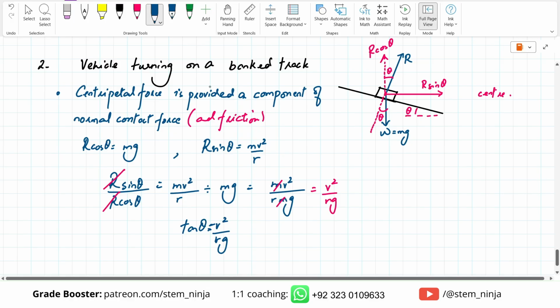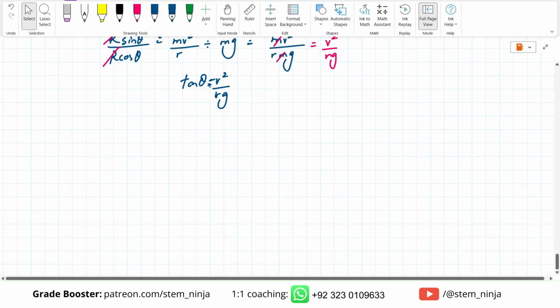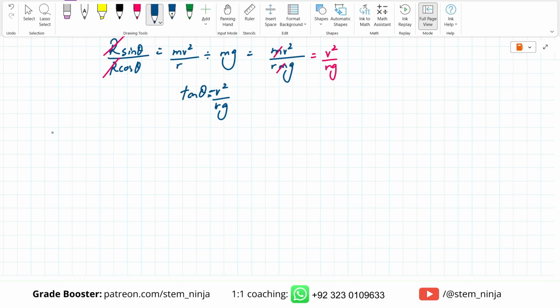Now, let's examine this the same way we established the relationship between them. If theta represents the angle of the banking, and if theta is constant, then v squared is proportional to r.